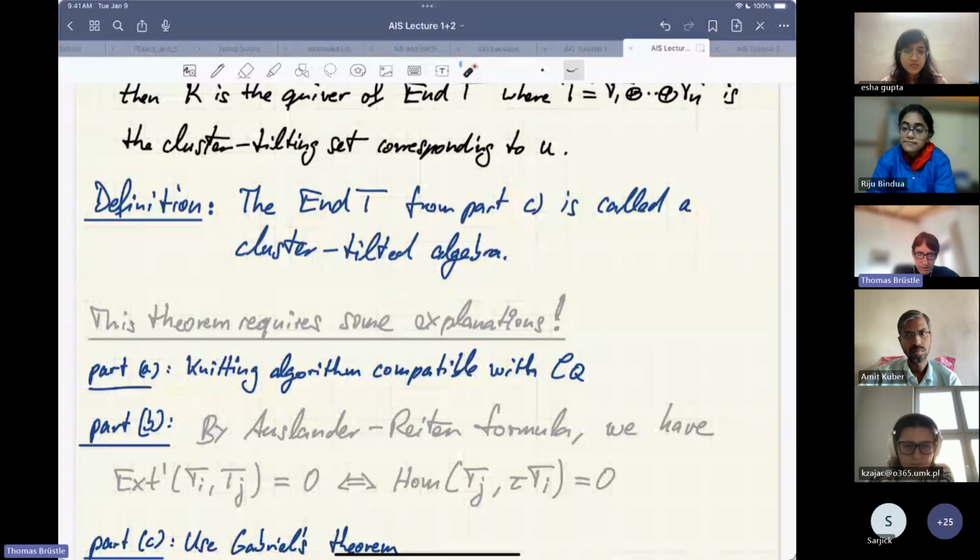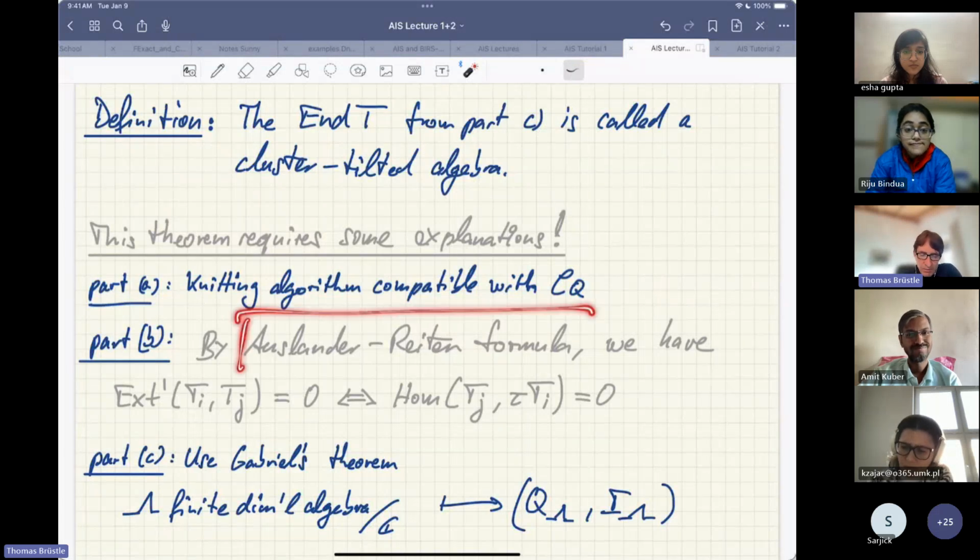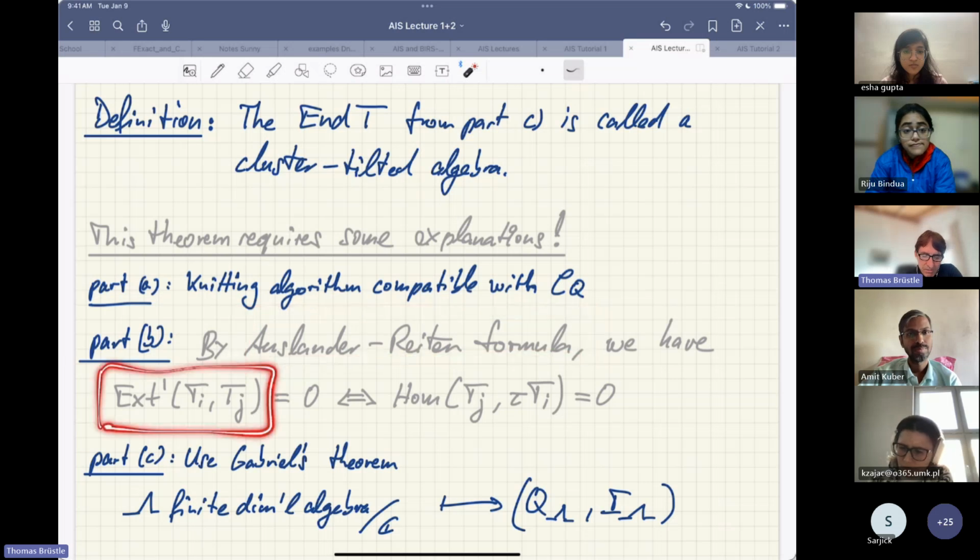That's how you prove the theorem. For part B, now I'm cheating. I'm using the Auslander-Reiten formula, which allows me to translate the definition of Ext1 into the definition of some homomorphism.